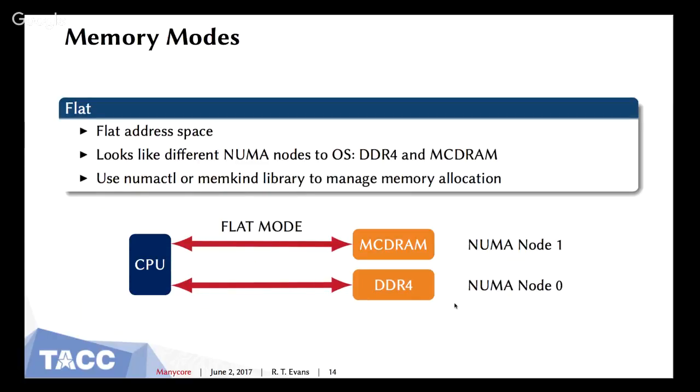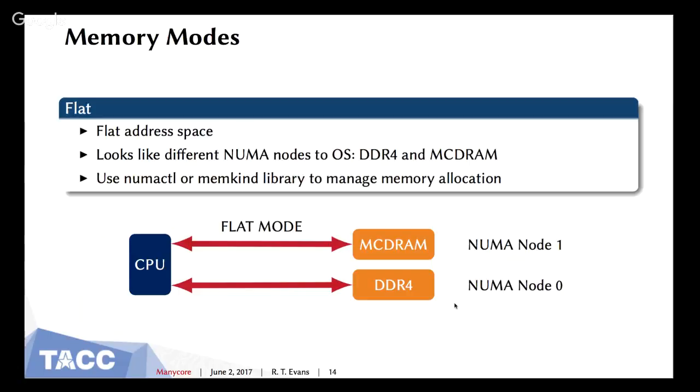Now, you can also run in what we call flat mode, and you'll see this reflected in the queue names that we use in the lab later. There's a queue called flat quadrant, and what that means is MCDRAM is configured as memory. So your code will not automatically use it because this comes back to this NUMA node concept.